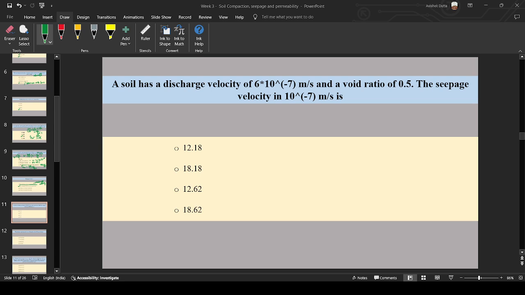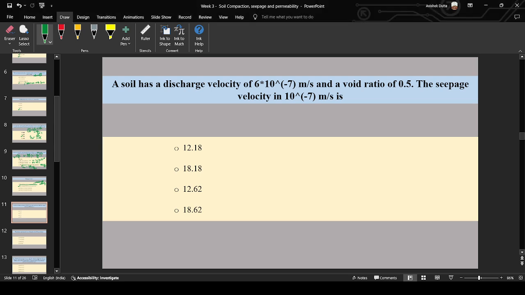A soil has a discharge velocity of 6 into 10 to the power minus 7 and a void ratio of 0.5. The seepage velocity in 10 to the power minus 7 meter per second is?